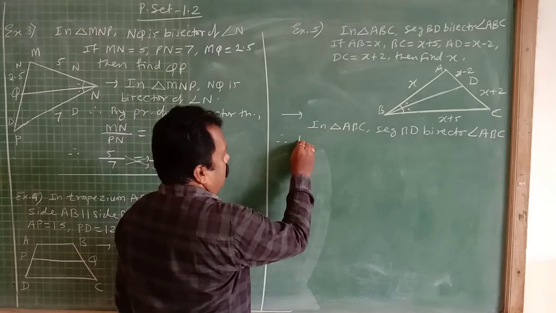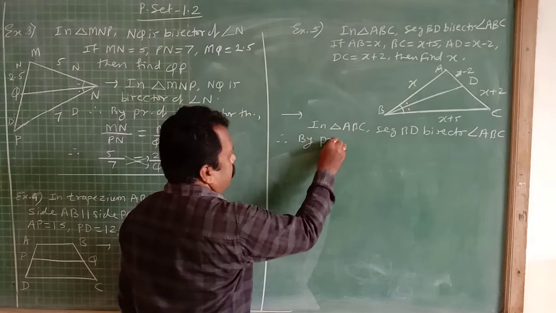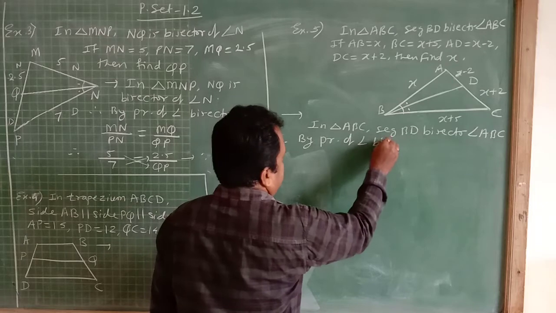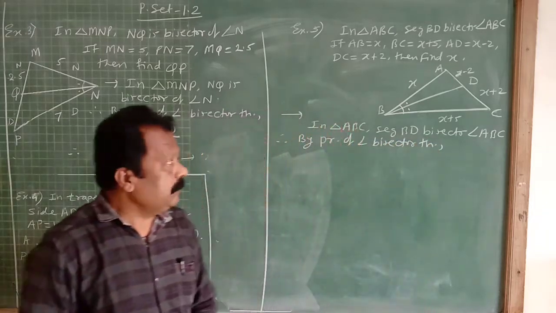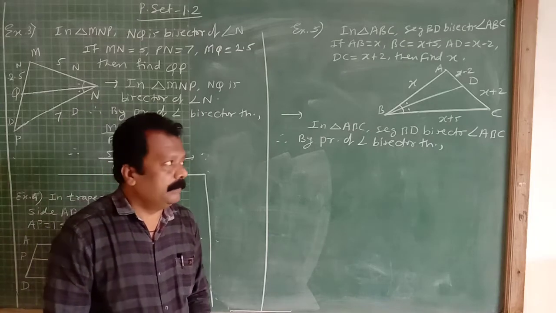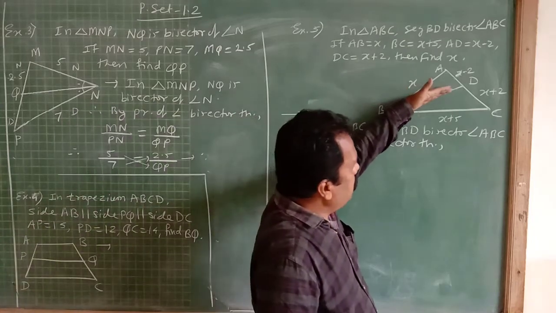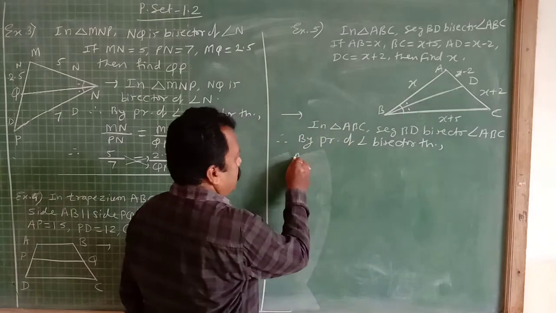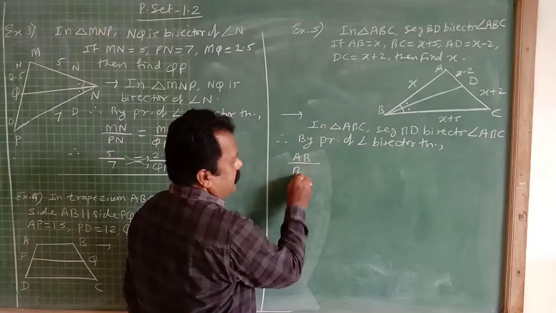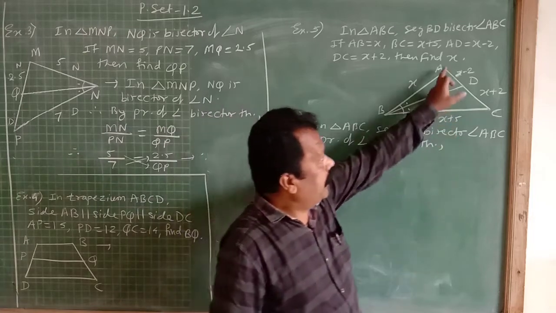Therefore, by using the angle bisector theorem, taking the ratios of sides, AB upon BC is equal to AD upon DC.